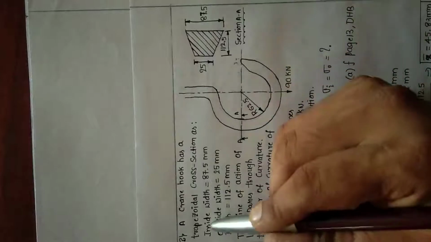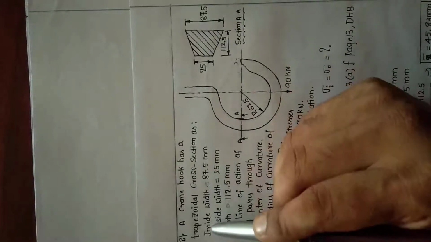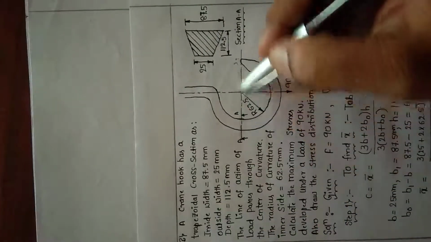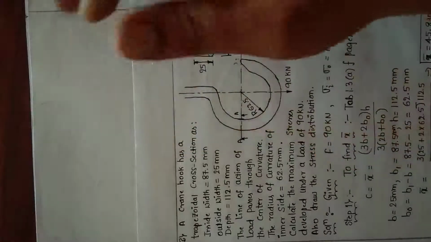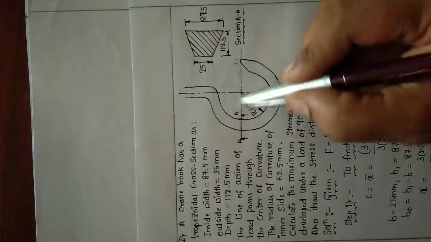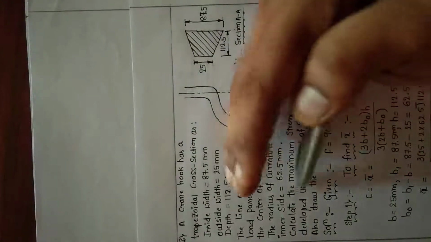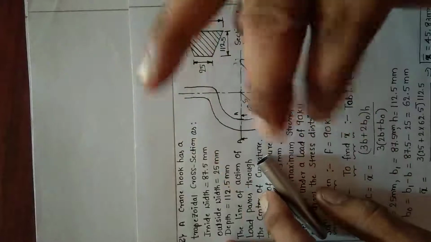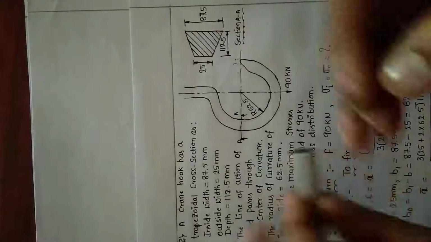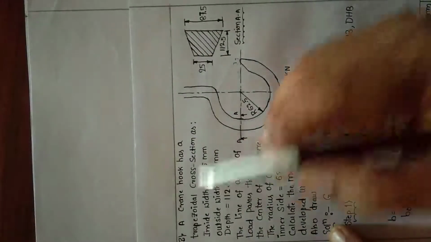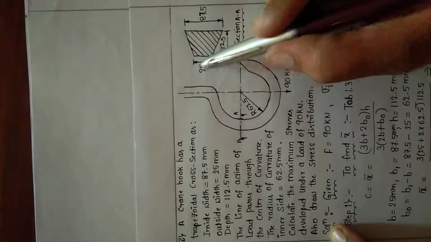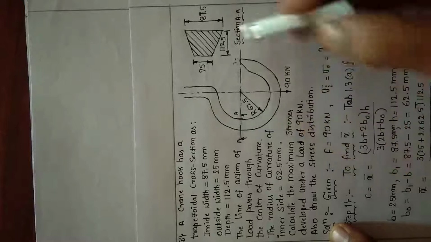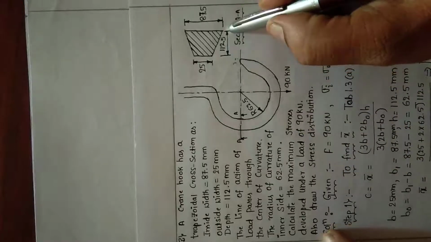Here he has given the inside width, so be careful. What do you mean by inside width? Here we have the inner fiber, this is inner and this is outer. When I cut this and show it like this, this will be the inner fiber. The inner width given is 87.5 mm, the outer width is 25 mm, and the total depth of the cross section is 112.5 mm.